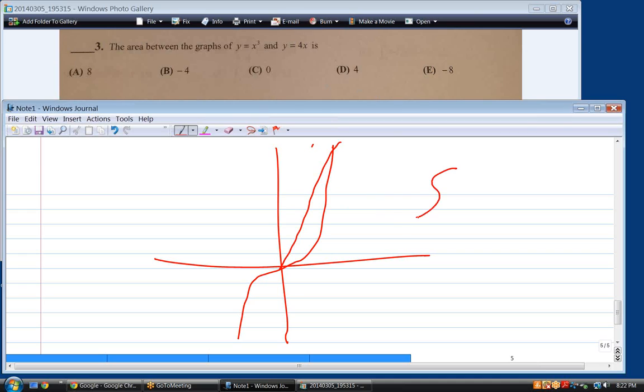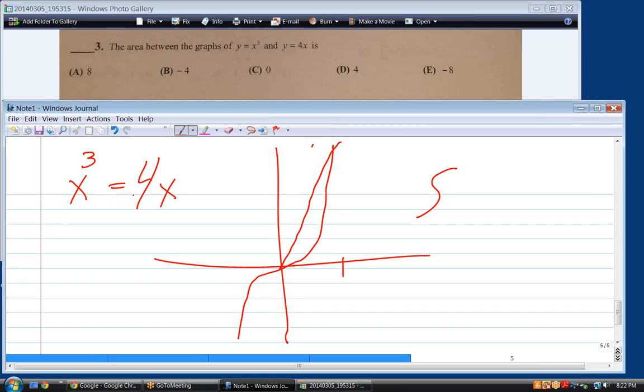So let's do the integral from wherever they cross; we have to set them equal to each other. Okay. So we said x cubed equals 4x. What are the two solutions? Plus or minus the cube root of 4x. So what is this intersection point? No. Let's solve this for x.